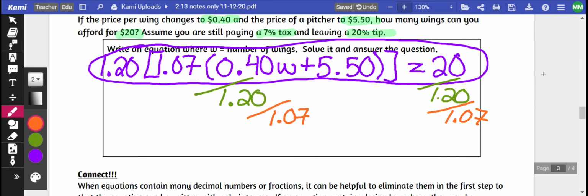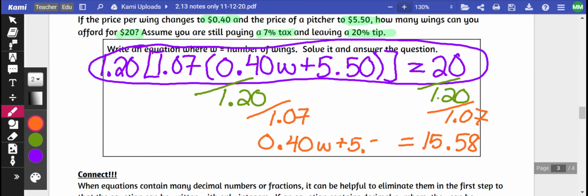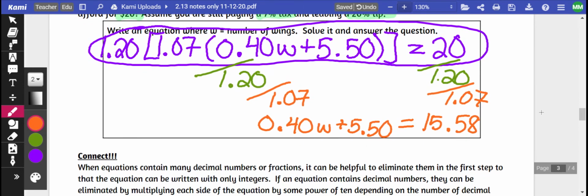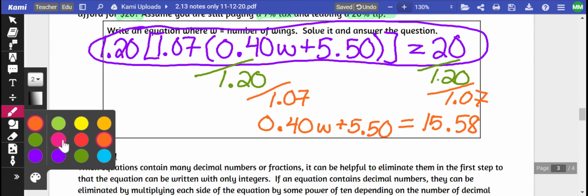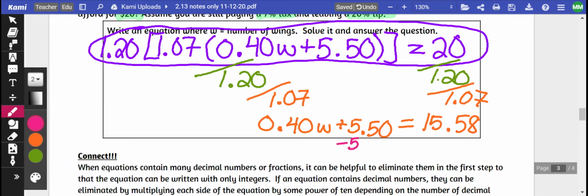So in my calculator, I'm going to take 20 divided by 1.2 and then divided by 1.07. And so on my right side, I get 15.58. And the only thing left over here is 0.40W plus 550. So now I'm going to subtract 550 from both sides.